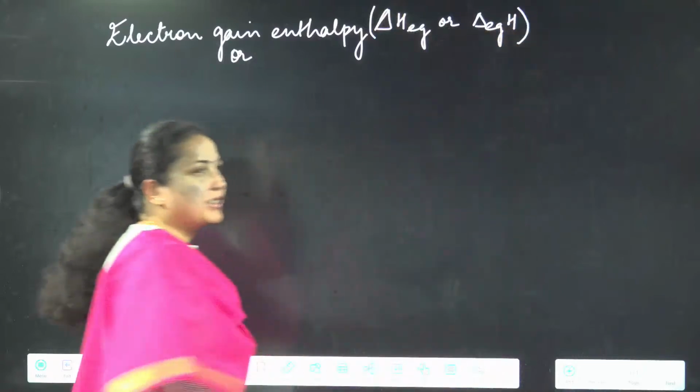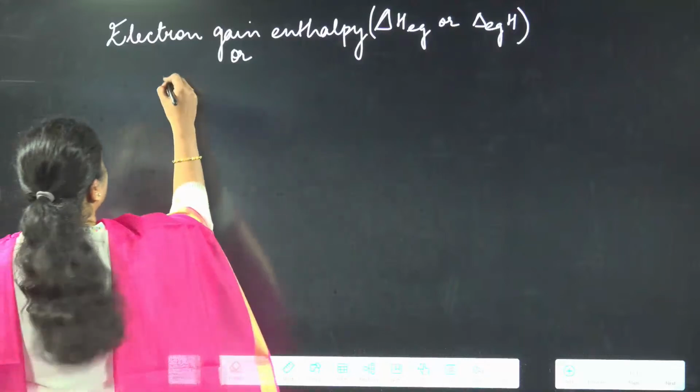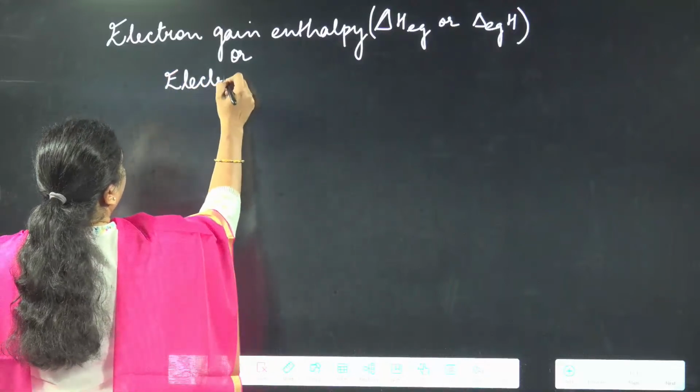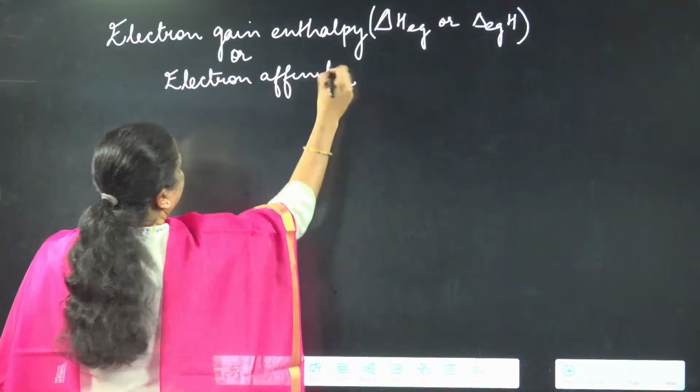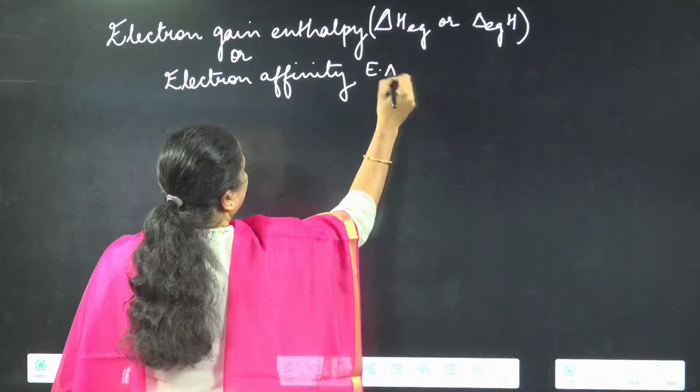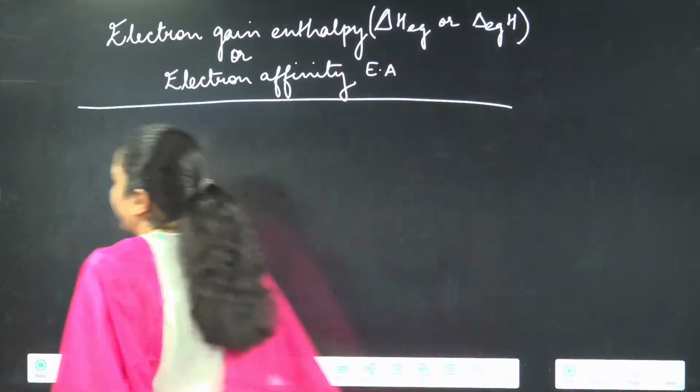Anything is fine. H is anyhow the symbol for enthalpy, right? Or else we'll be talking about electron affinity, and in short we are going to write it as EA.